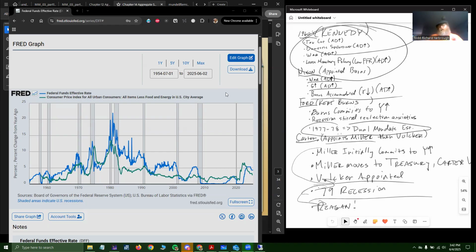So what's interesting, I think, about this, and to put a button on this, is that the expectations part of the story is really that this 79 recession is about the expectation that we were going to start fighting inflation, because Carter also starts saying, we're going to fight inflation, we're going to bring inflation in. Carter briefly flirts with wage and price controls. But by the way, that's something I didn't mention.